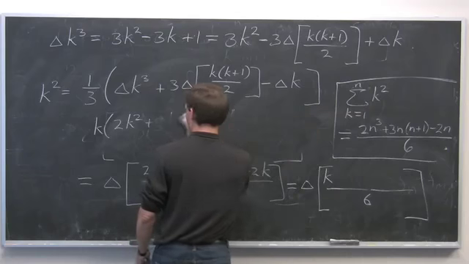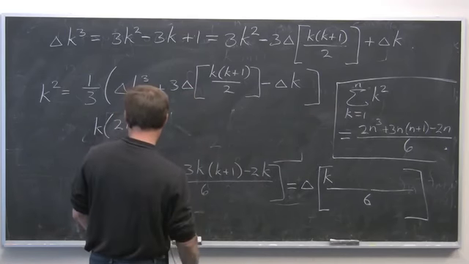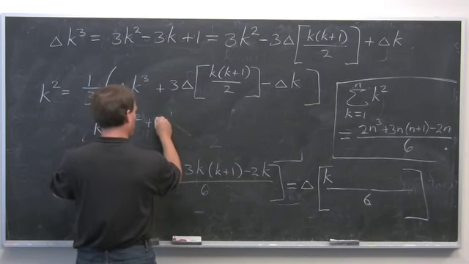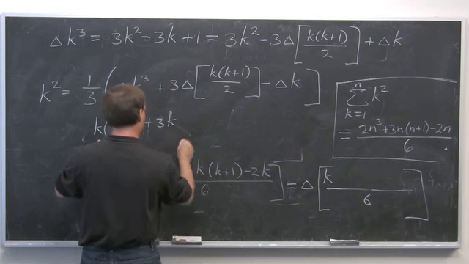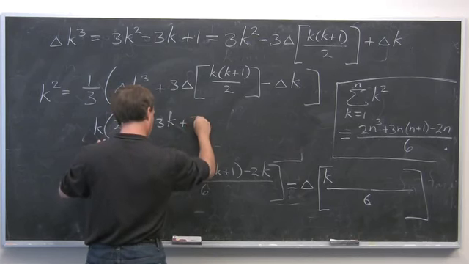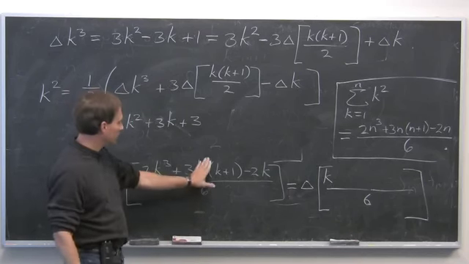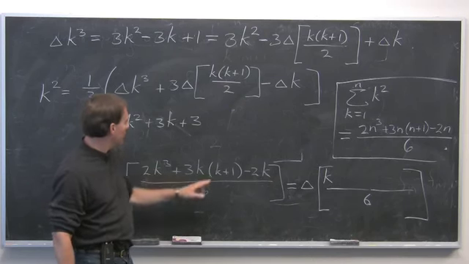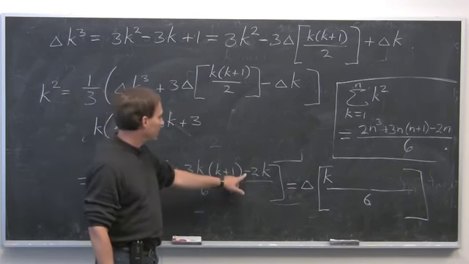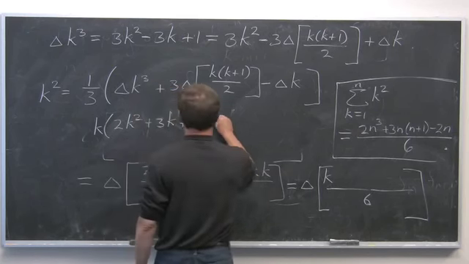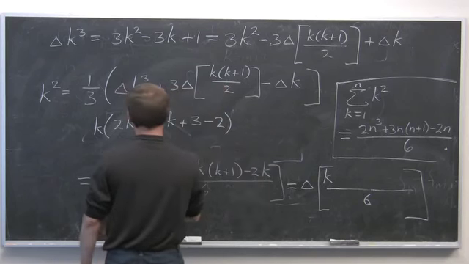So you get a k times 2k squared plus 3 times k plus 1, so plus 3k plus 3. Right? I should have done this in more steps. We factored out a k. We're left with a 3k plus 3, and then you subtract. I factored out this k, so minus a 2. That looks a little better.